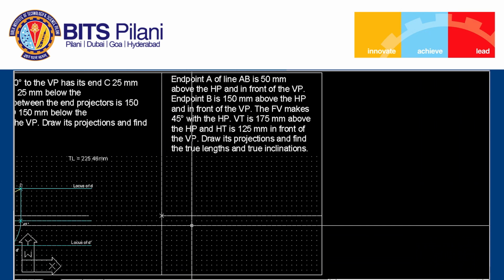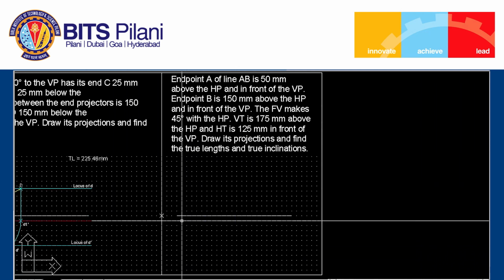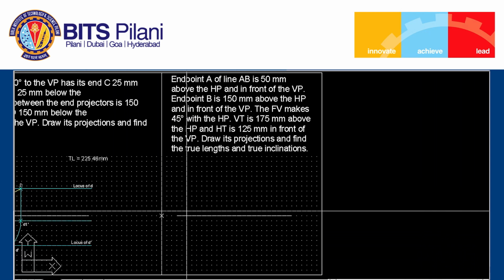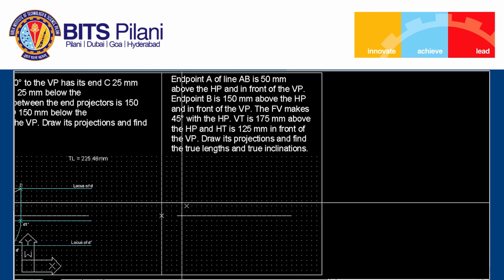Draw the XY line, and let us plot the front view of point A, 50 mm above HP. This is the front view, A prime.